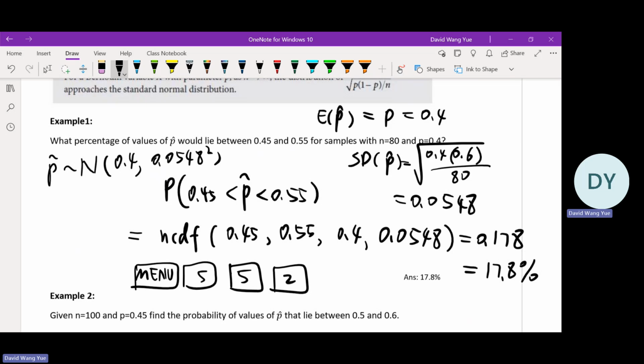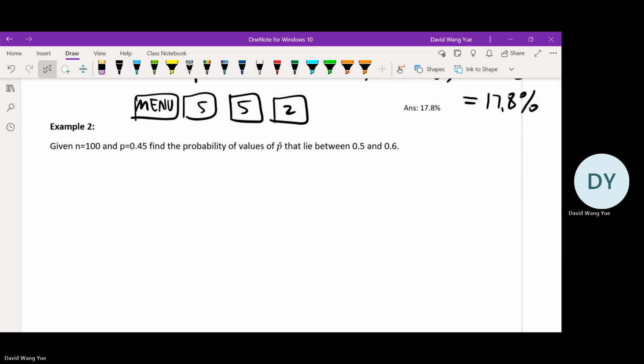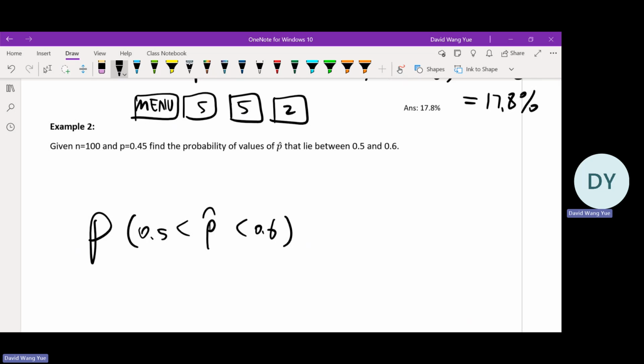Now, example 2. Find the probability for p hat lies between 0.5 and 0.6. You can try the question yourself first.